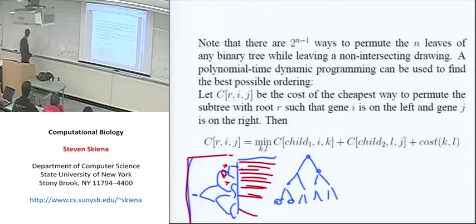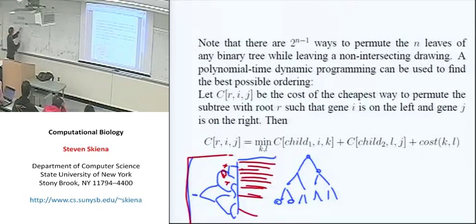If I want to do a drawing, if this is gene 1, gene 2, gene 3, gene 4, what drawings are consistent with the tree, right? Putting gene 1 next to gene 3 is not consistent with it, right?